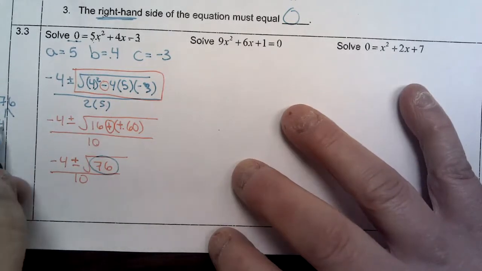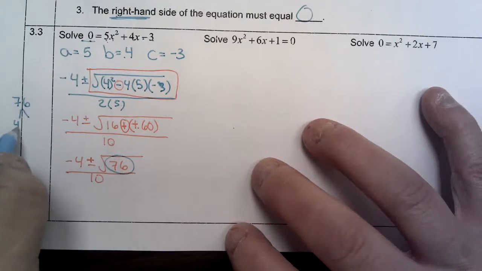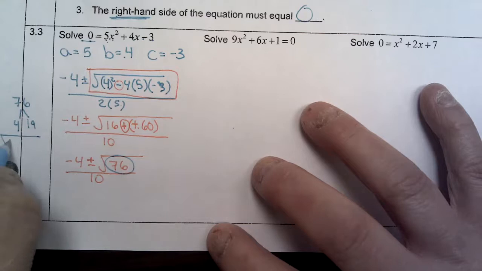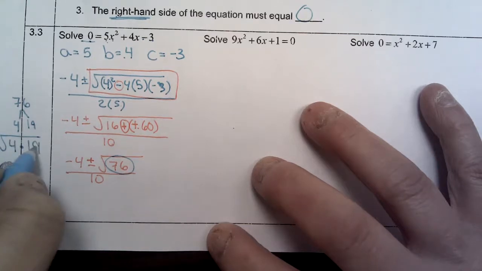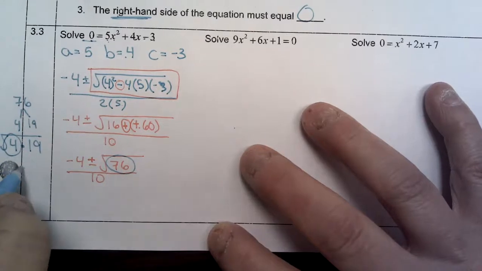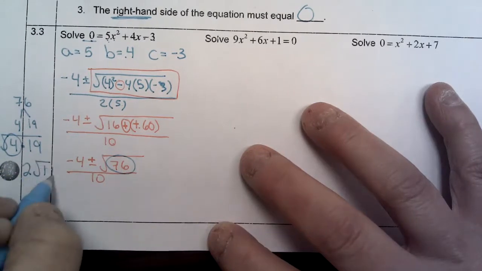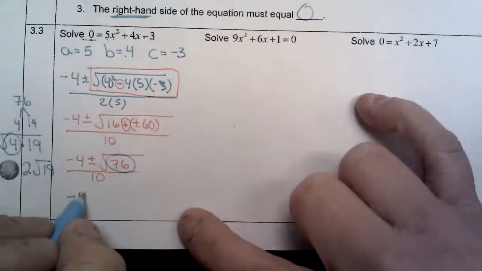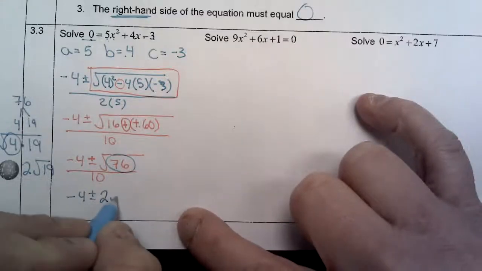Well, I tried on my calculator dividing by 4, and I got 19. So now I'm going to rewrite this as the square root of 4 times the square root of 19. I can take the square root of 4, and it's 2. So simplified, it's going to be 2 square roots of 19. So negative 4 plus or minus 2 square roots of 19, all over 10.